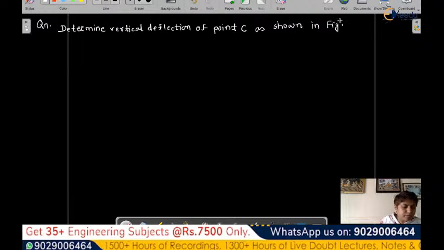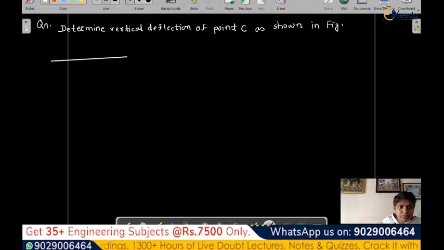So we are considering a frame over here. So this is a frame.